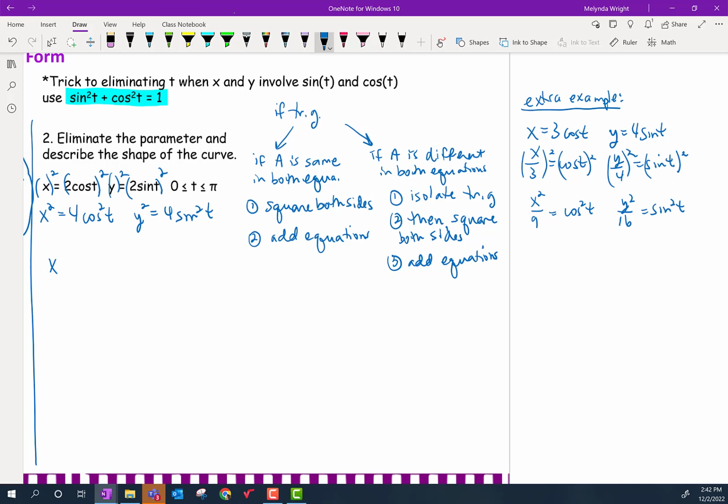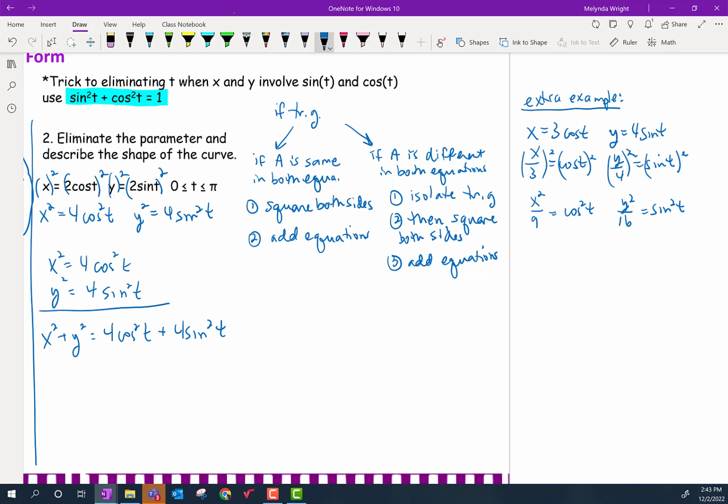So I'm going to write them like an addition problem. So I'm going to write one on top of the other one like an addition problem. Do my little line. So I add down. So I've got x squared plus y squared equals 4 cosine squared plus 4 sine squared.